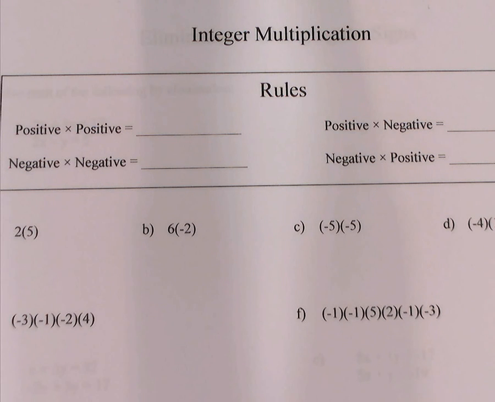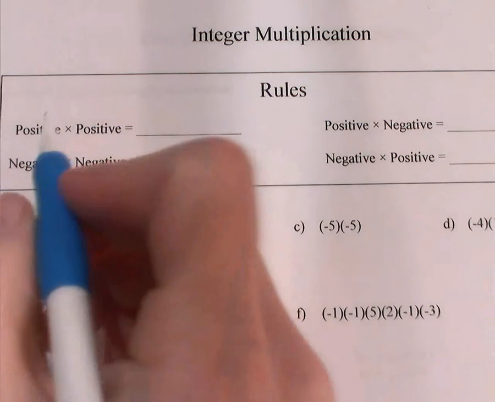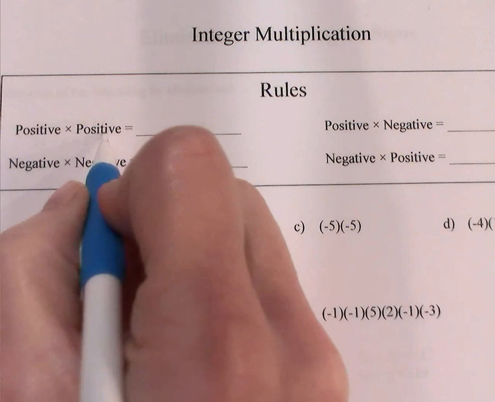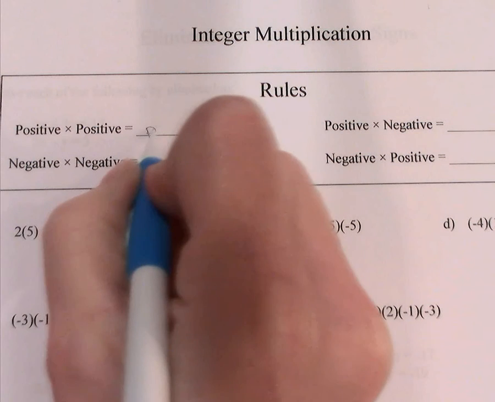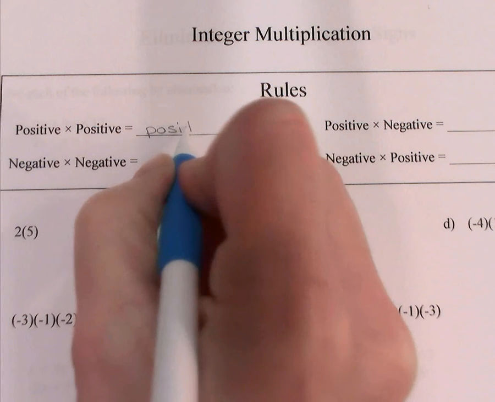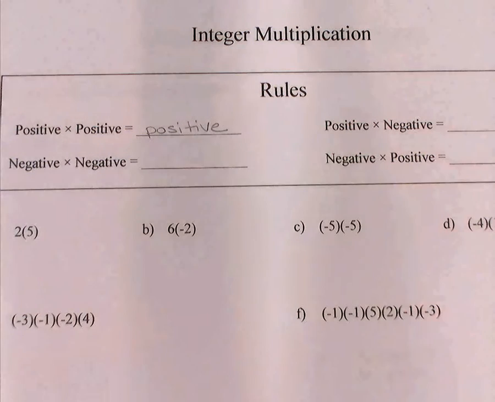Okay, so today we're going to continue with elimination, but first I want to review some integer multiplication. When I do a positive times a positive, the result is positive.